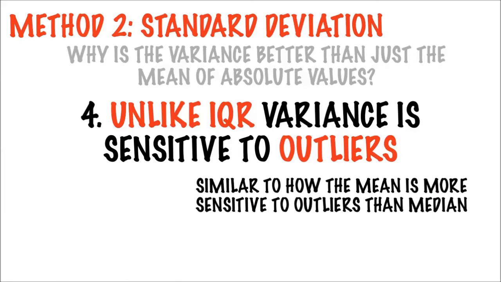This is good in some sense because it makes the interquartile range stable, but it's bad in the sense that it doesn't fully capture the level of variability or spread in a bunch of data. This is exactly analogous to the manner in which the mean is sensitive to outliers while the median is not. Variance is a very favored measure of variability or spread for this reason.